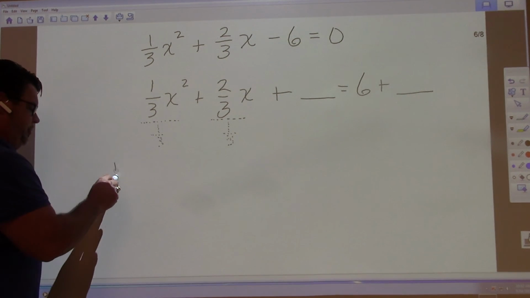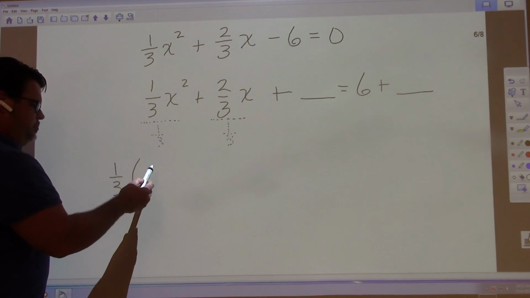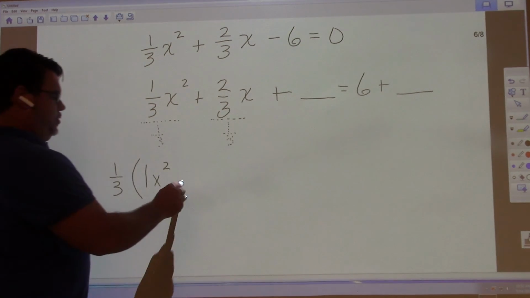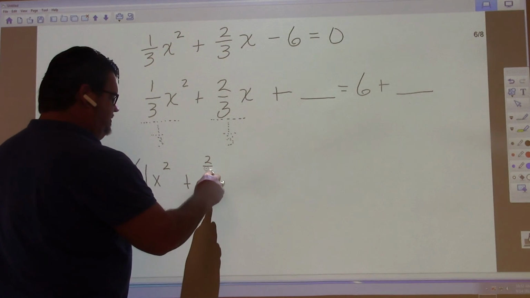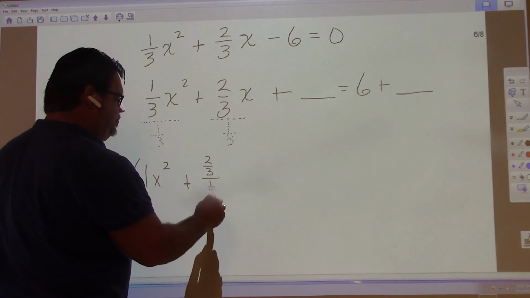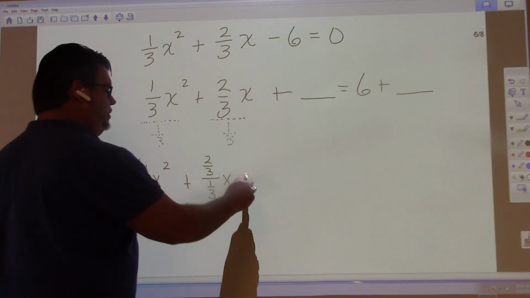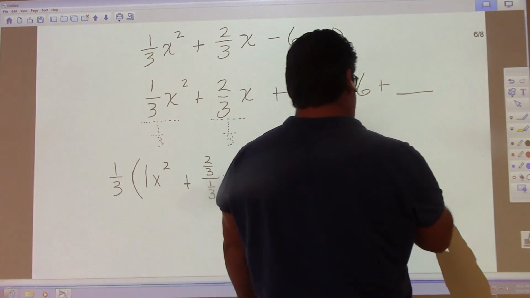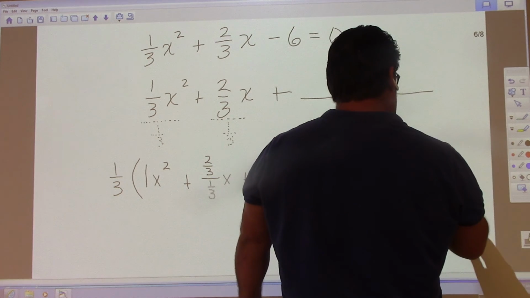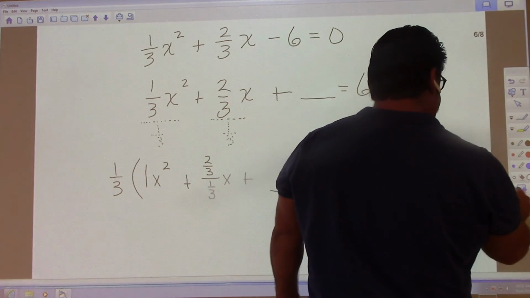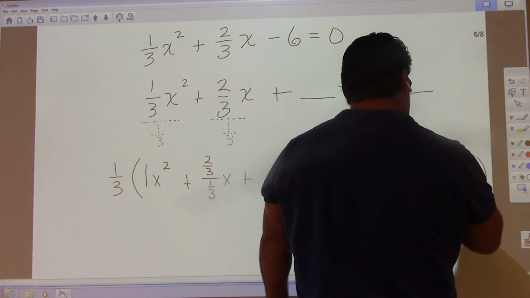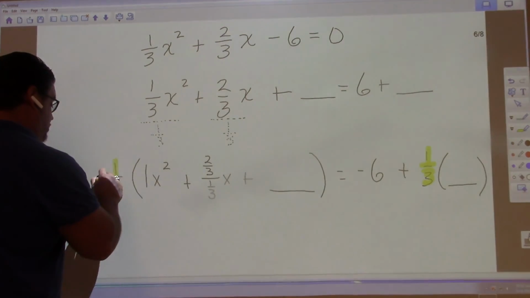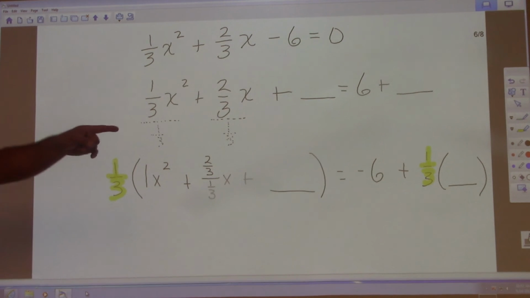So I'm going to take my 1/3 out, and that gives me a 1x squared. But over here, I'm going to put 2/3 divided by 1/3 plus blank is equal to -6 plus 1/3 times blank. Even if you're factoring out a fraction, whatever you factor out, you have to multiply by that right side.